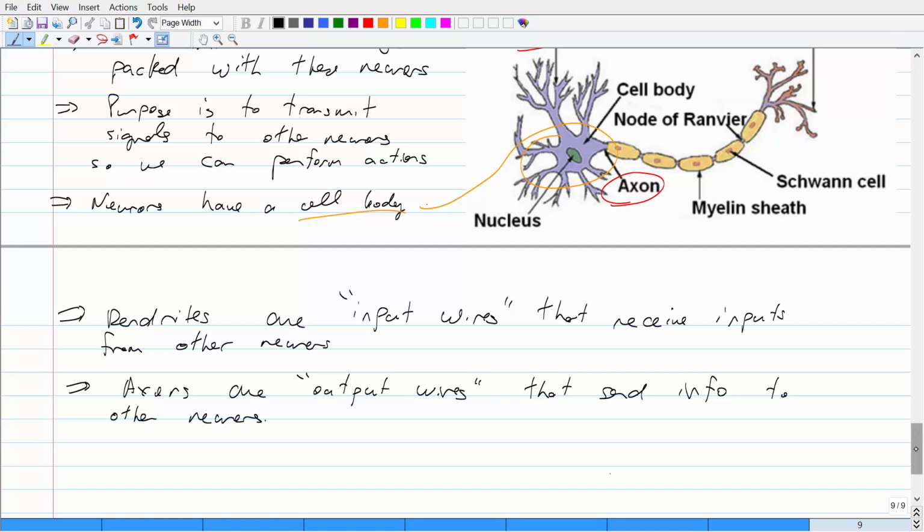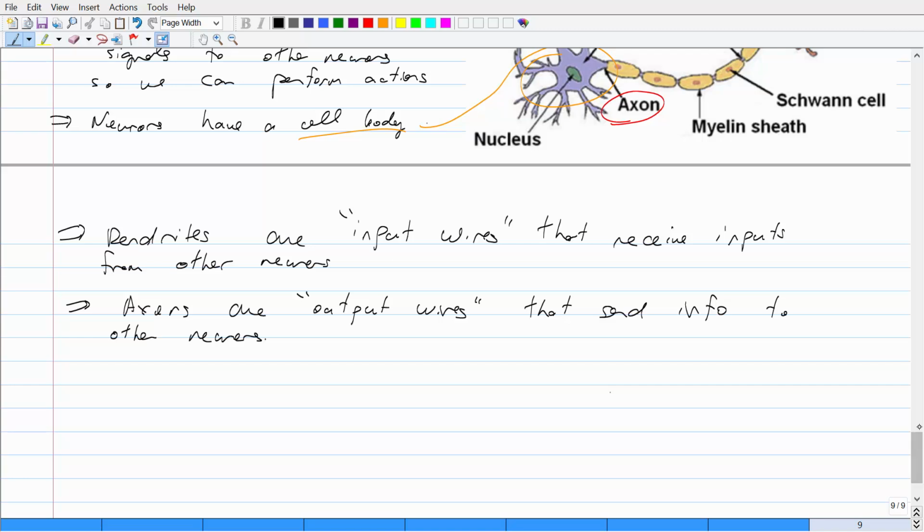Okay, so simplistically, the neuron is the basic computational unit of the human brain. It takes in electrical signals from other neurons, does some sort of computation on them, and then it outputs these signals to other neurons in the human brain, so you can do something meaningful.